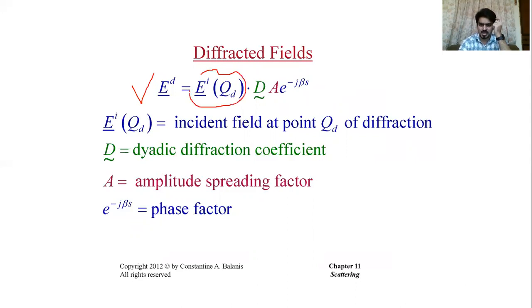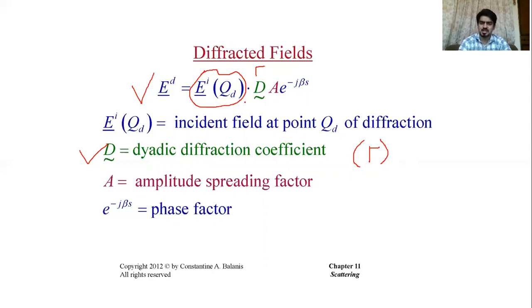So here also you have an incident field. Then you also have some reflection coefficient, capital gamma, and that capital gamma is now replaced by the dyadic diffraction coefficient. This is similar to the reflection coefficient gamma.